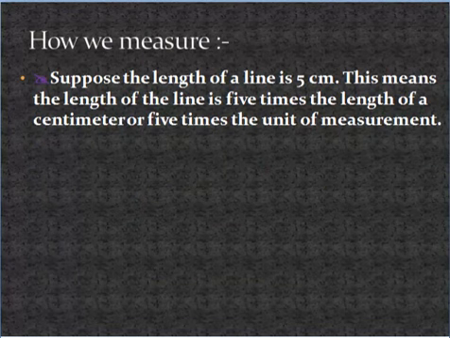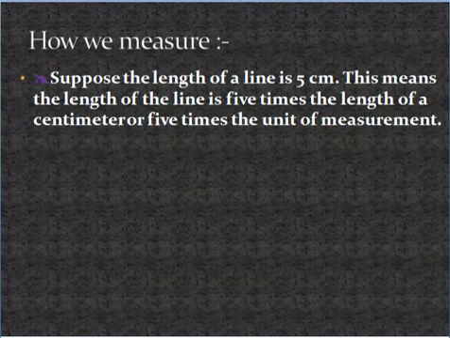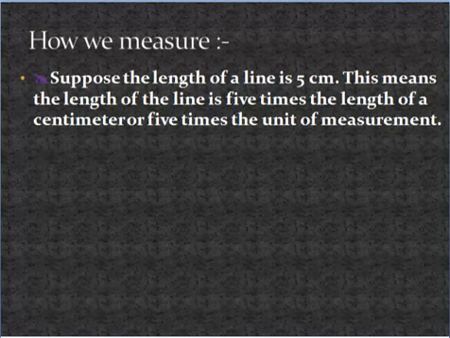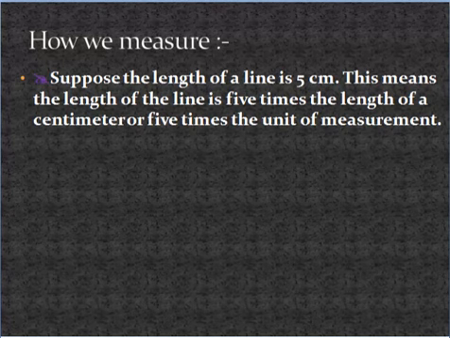Okay, then our next slide. Suppose the length of a line is 5 centimeter. Please pay your attention here, it's the most important. This means the length of the line is 5 times the length of a centimeter, or 5 times the unit of measurement.